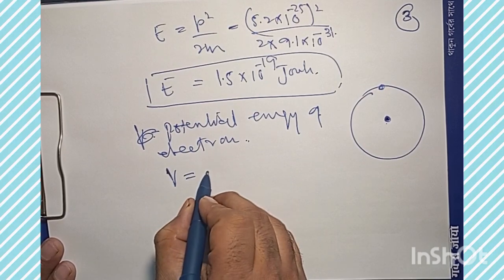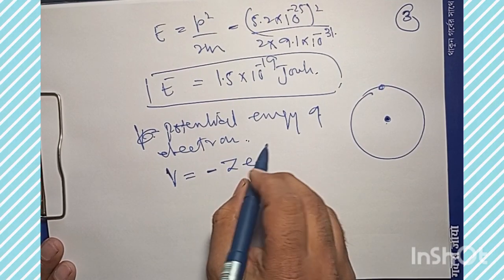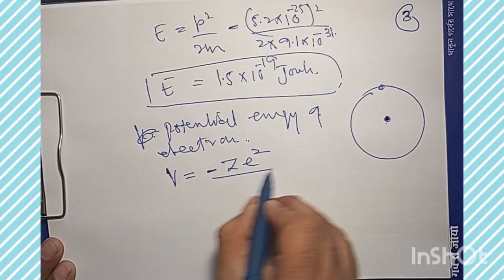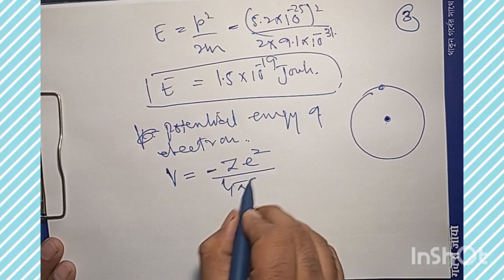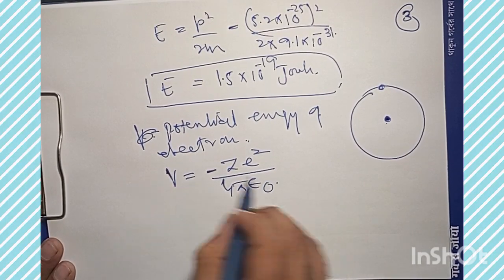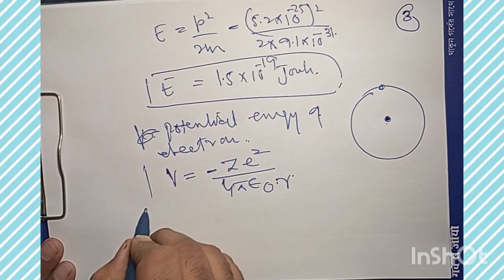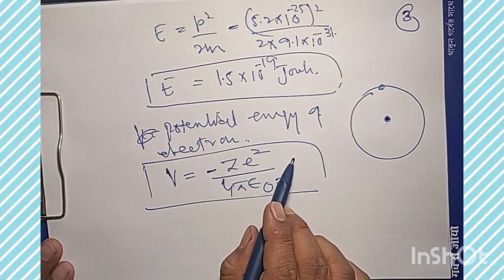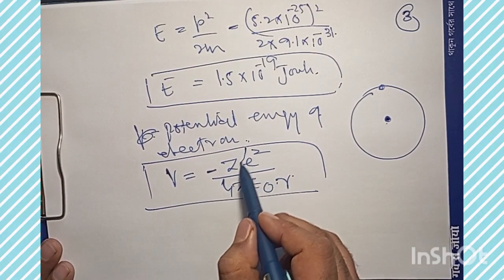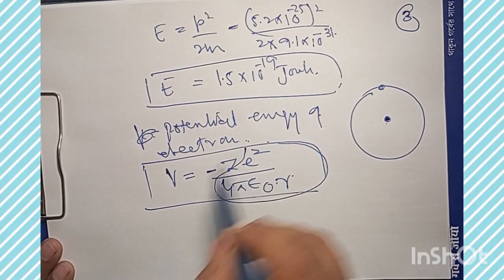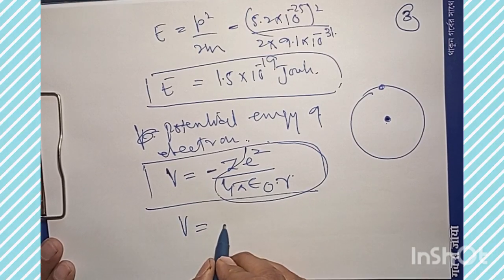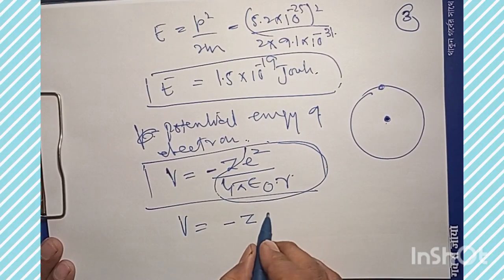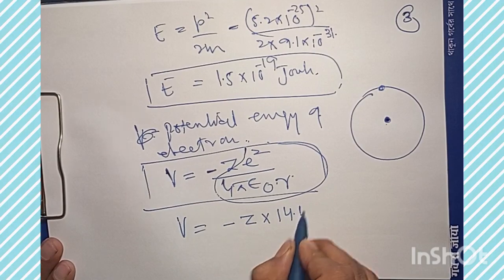That is minus Z times q1 q2, this is E square by 4 pi epsilon naught times R. This is the electrostatic potential energy of this electron.